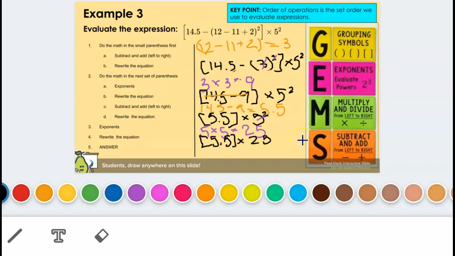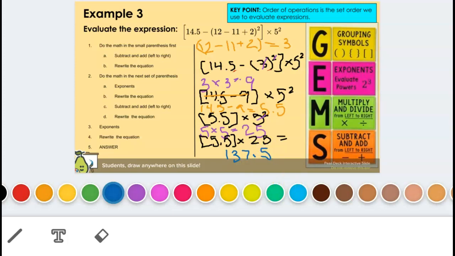So, get out your calculator. 5.5 times 25 equals, and our answer is 137.5.